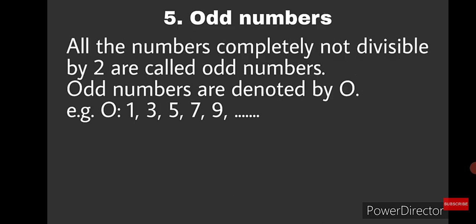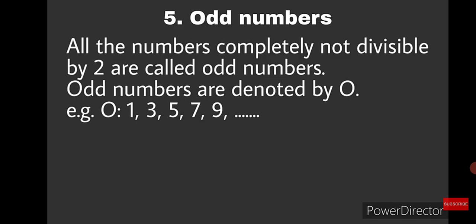All the numbers completely not divisible by 2 are called odd numbers. Odd numbers are denoted by O. For example, O equals 1, 3, 5, 7, 9 and so on.